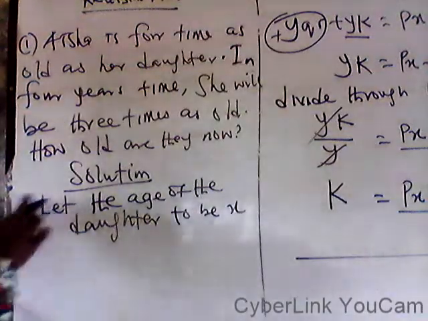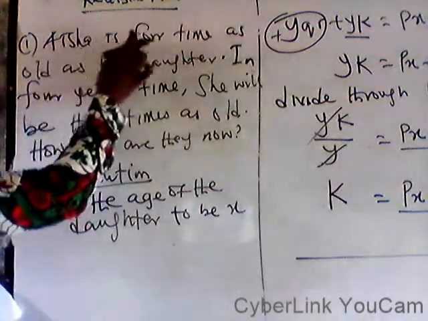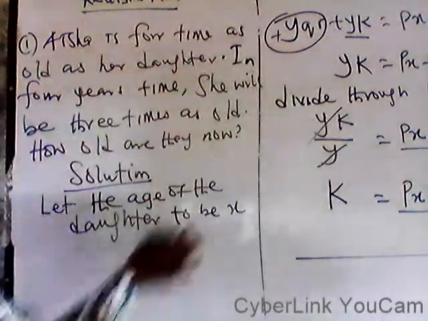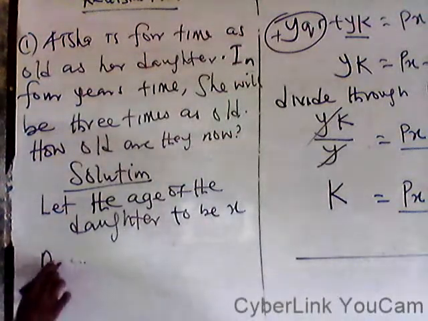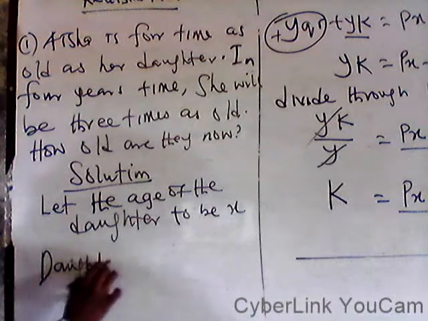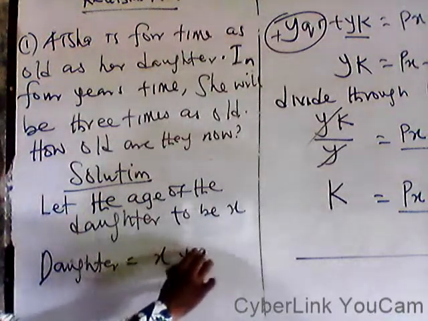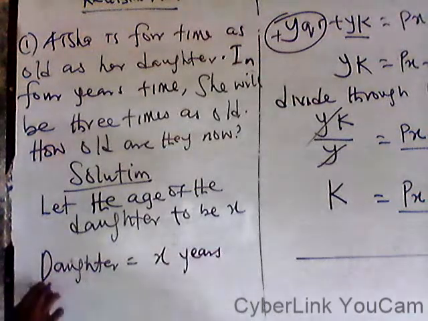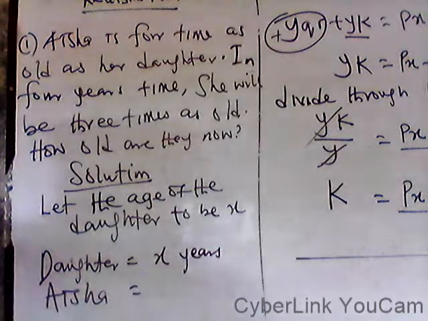So if the age of the daughter is X, then the mother, which is Aisha, is 4 times X. So daughter equals X years.